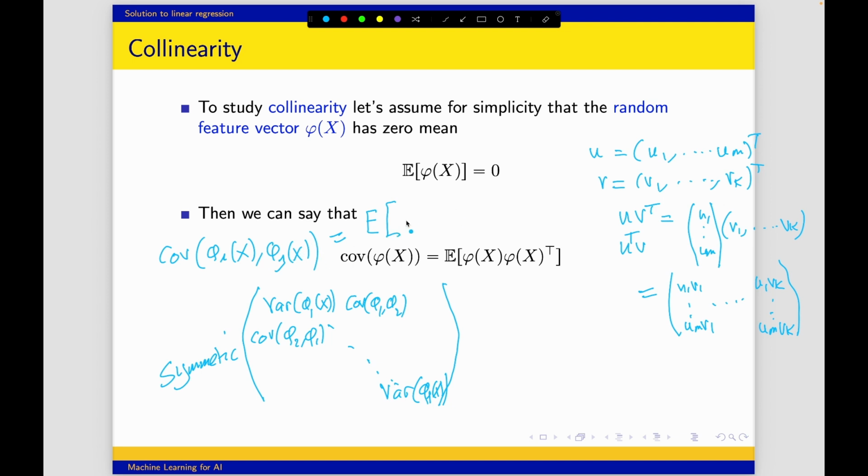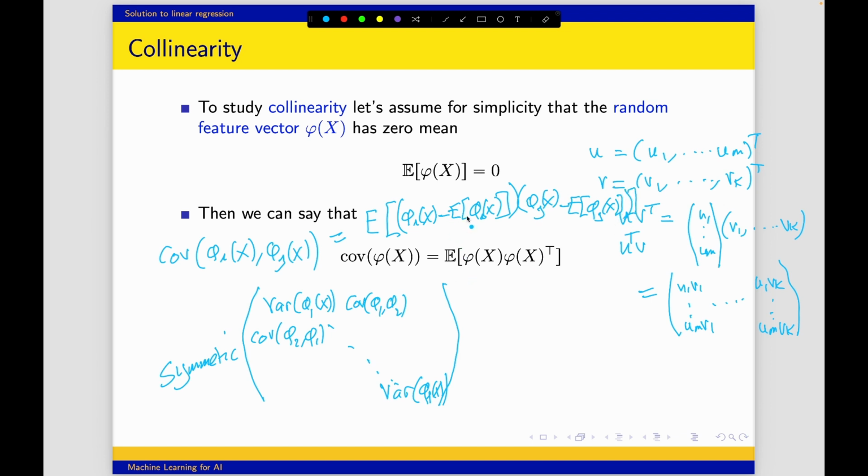So these two are random variables: psi i of x minus its expected value, psi i of x, right, times psi j of x minus the expected value of psi j of x, close bracket.